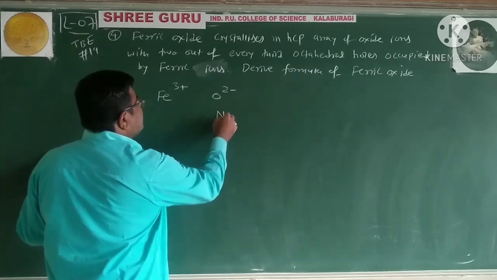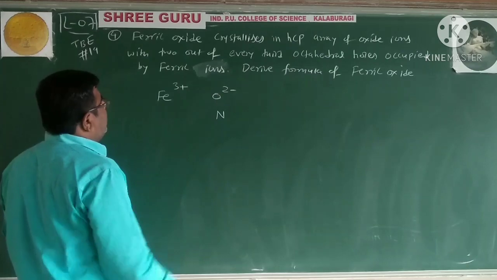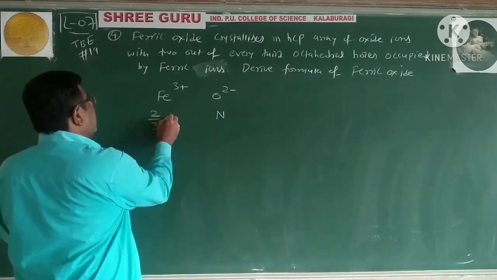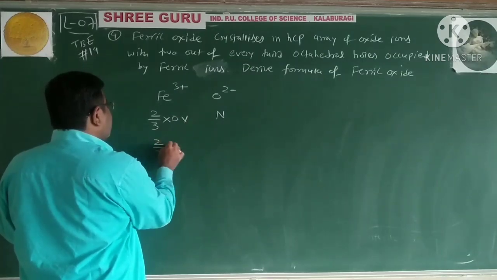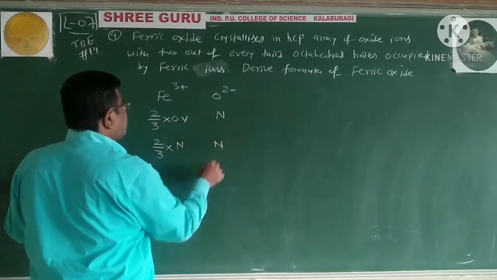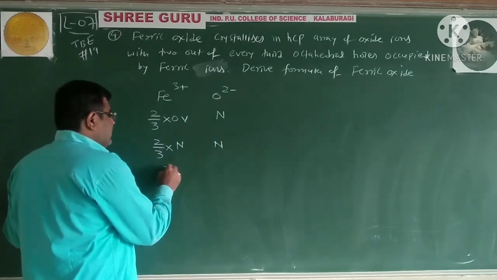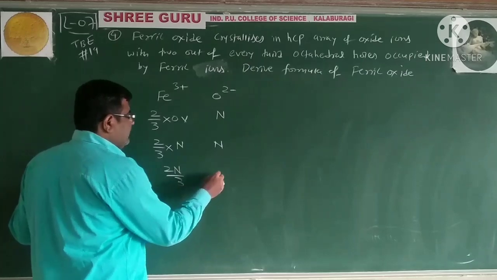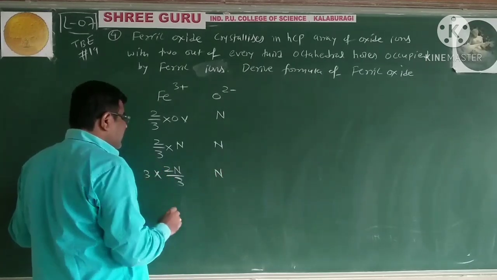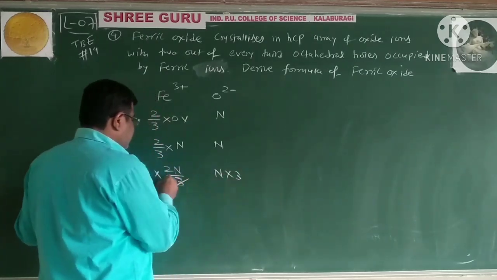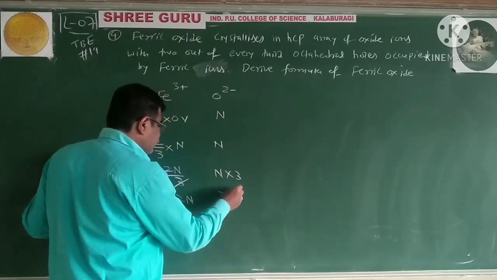It crystallizes in CCP, and 2 out of every third octahedral holes means 2/3 of capital N, which is nothing but 2N by 3, and this N multiplied by 3 becomes 2N, 3N.